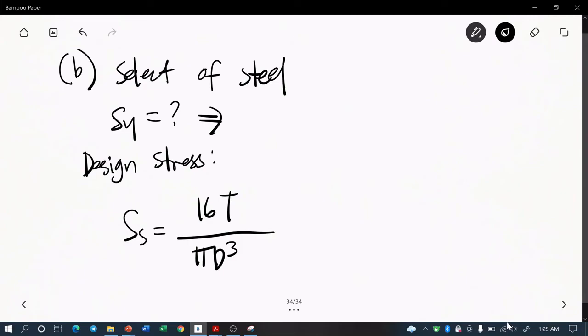So we can directly substitute those values since we already have a value of the torque, which is 5.04 inch kips, and the diameter, which we have just solved in the first requirement, equal to 1 3/4 inches. So we can now directly obtain the design stress.